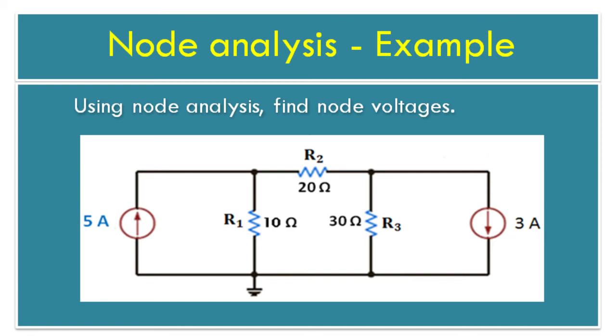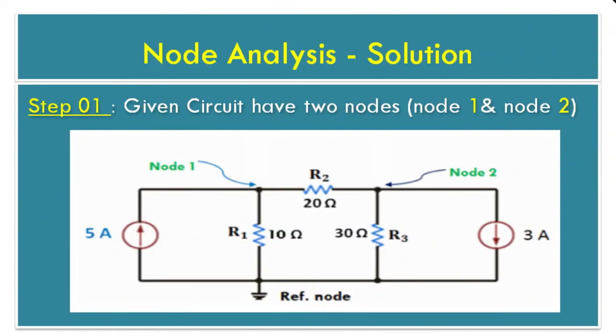Now find node voltages using the following diagram. For the solution, refer to the procedure step by step. Step 1. The given circuit has two active nodes, that is node 1 and node 2, and one datum or inactive or reference node, and we are assuming the reference node has voltage of 0 volt.